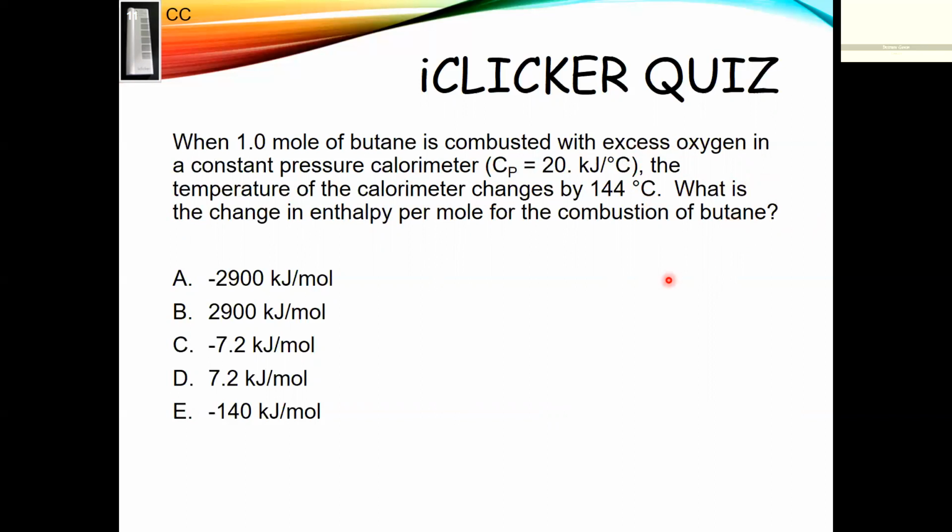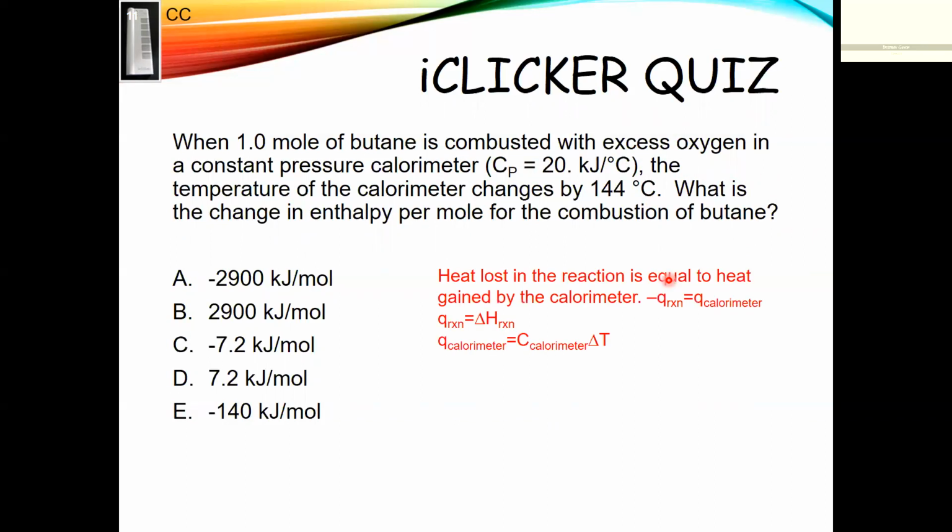Okay. Again, we're going to make those exact same substitutions we made on the previous slide, where we're going to say the heat lost by the reaction is equal to the heat gained by the calorimeter. The heat of the reaction is equal to the enthalpy of the reaction.